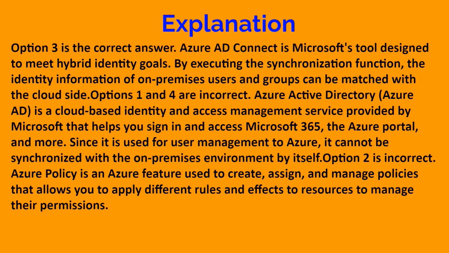Since it is used for user management in Azure, it cannot be synchronized with the on-premises environment by itself. Option 2 is incorrect. Azure Policy is an Azure feature used to create, assign, and manage policies that allow you to apply different rules and effects to resources to manage their permissions.